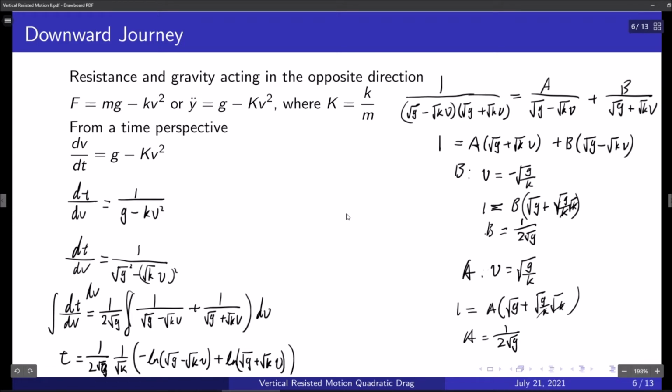And of course, because we have subtraction between two logs, we can convert them into a division.